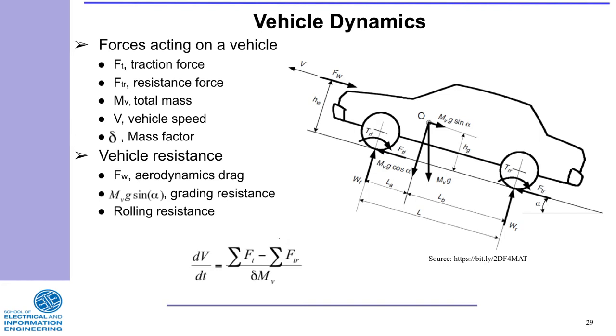Right. So first of all, on an inclined surface, we have this gravitational component that is acting against the vehicle, the mg sine alpha. It's normally called the gradient force, or the force due to the gradient, right?